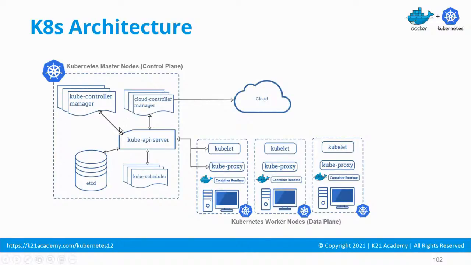So the role of cloud controller manager is to manage the underlying infrastructure that it needs from a cloud provider like AWS or Azure or Google or Oracle or Alibaba and so on. So this is in a nutshell Kubernetes architecture.